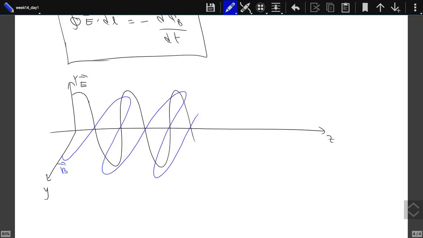Let me imagine this loop of height, let's say dx, and width dz.